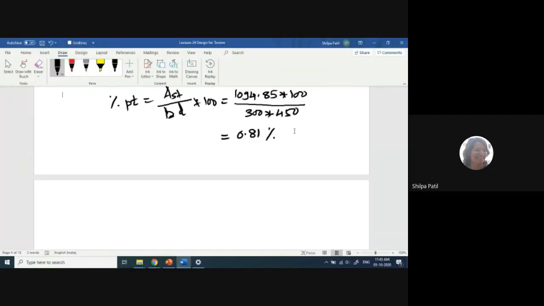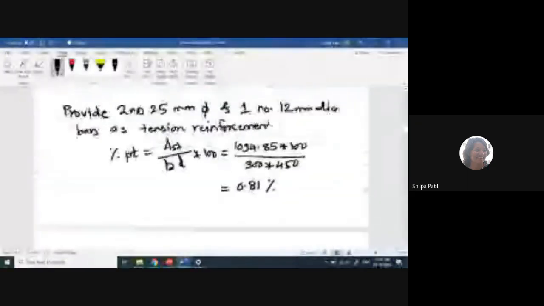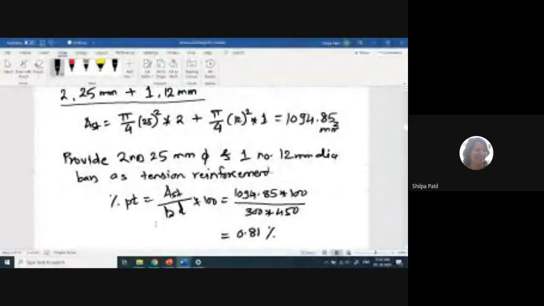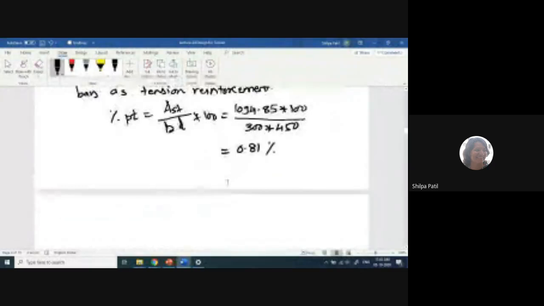You can compare this value with that to check whether the design section, whatever area of steel we are calculating, is giving us the beam as under reinforced or making it over reinforced. Okay, this is a practical requirement. We don't expect all this calculation in the examination, because there is no clause related to this provided in the code.